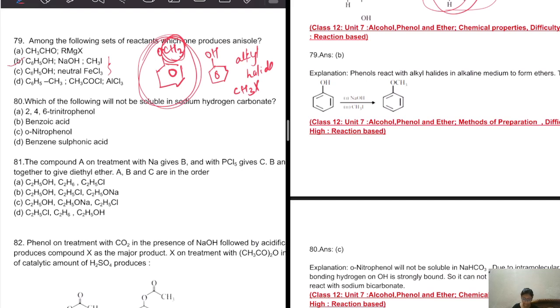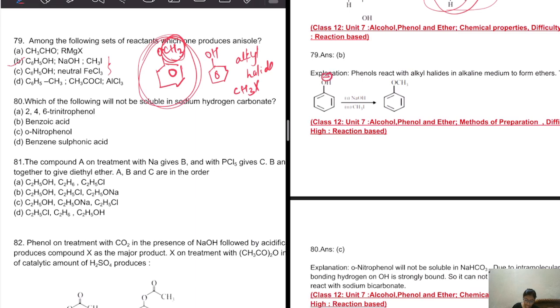Let's see the reaction. We have OH, and this is O negative. Then we have CH3. Okay, wait, let me make it more clear. We have OH and we have NaOH.